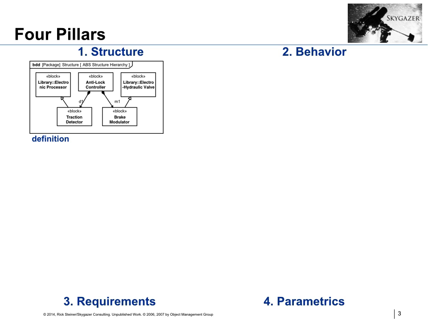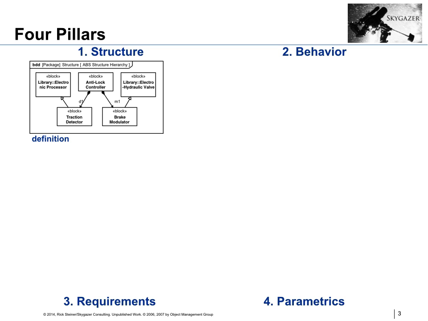The anti-lock controller, as shown here, is composed of two parts. It's composed of D1 and M1. D1 happens to be a traction detector, as shown in the diagram, and M1 happens to be a brake modulator. Composition is shown by the black diamond relationship.